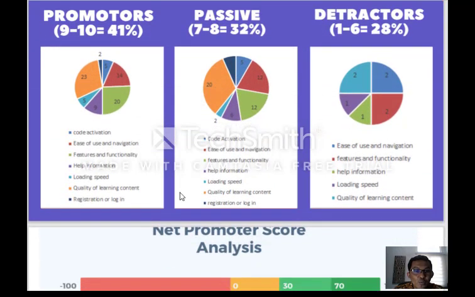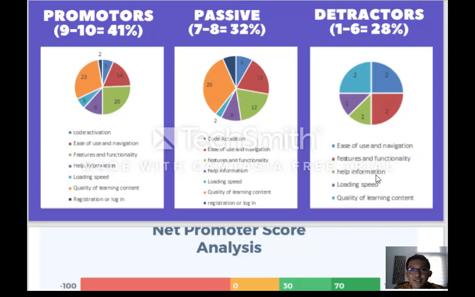As we can see here, the quality of learning content is the main reason why promoters were satisfied with this campus learning management system. It's actually the same quality of learning content that is the reason why the passive category chose this score, 7 to 8.